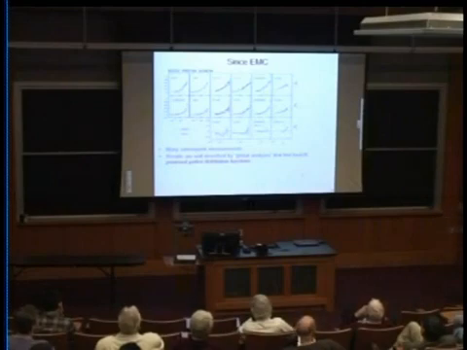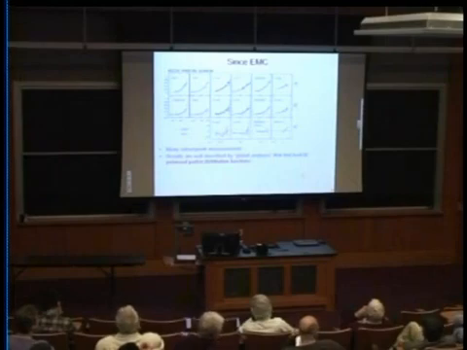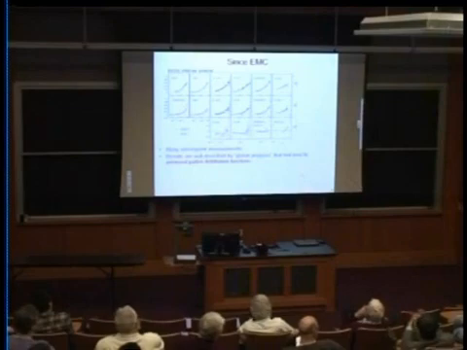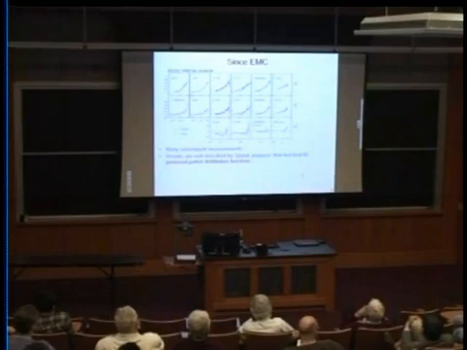In this particular case, there are about 14 parameters in the fit. There are 410 data points in the fit. And you see the description of the data is extremely good. And you infer what the polarized parton distributions look like.